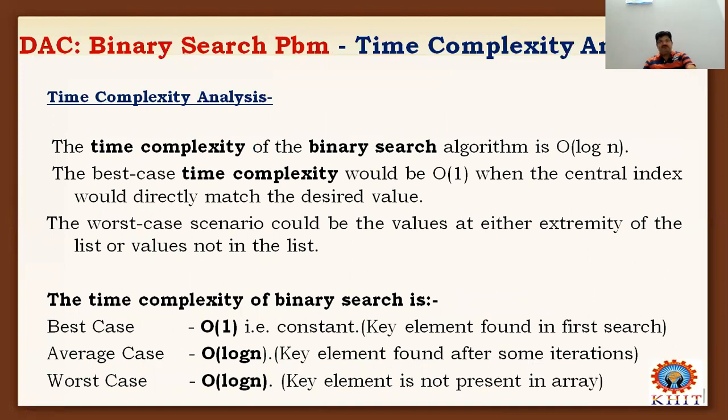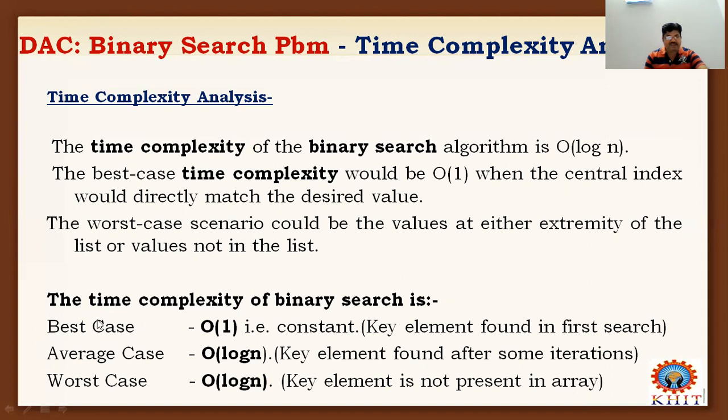Now here we can find the time complexity of binary search in three cases, namely best case, worst case, and average case. When we say best case time complexity, if an algorithm takes the least number of steps to find the answer, then it is called the best case.